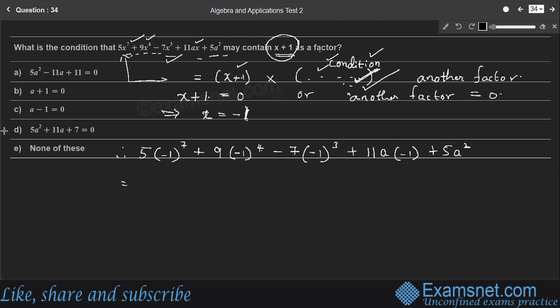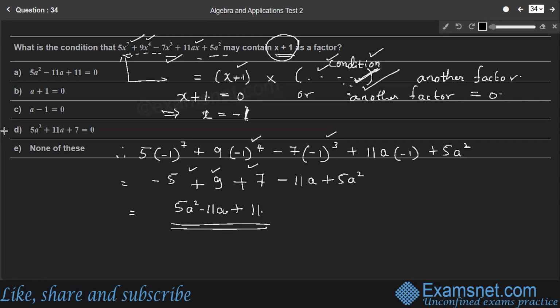Minus 1 raised to an odd number is -1, so into 5 gives -5, plus (-1)^4 is +1 into 9 gives +9. So minus of minus, plus 7, minus 11a plus 5a^2. Therefore 5a^2 - 11a, and -5 + 9 + 7, so 16 minus 5 is 11.